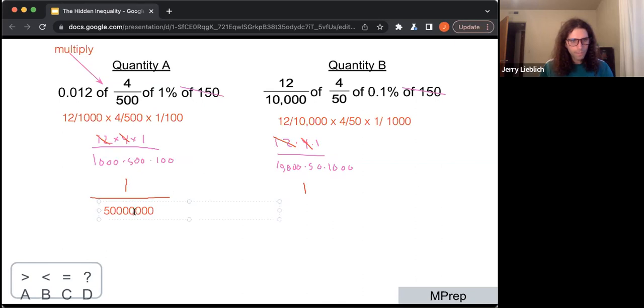Let me put some commas in there so that it looks a little clearer. So it's 50 million versus here I've got my 5, and then let's count the zeros. 1, 2, 3, 4, 5, 6, 7, 8. All right. So here I'm dividing by a bigger number, which means quantity A is bigger.